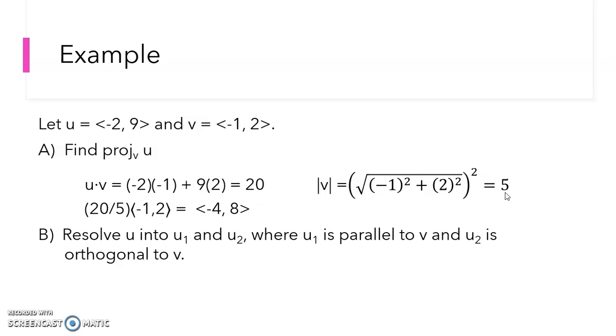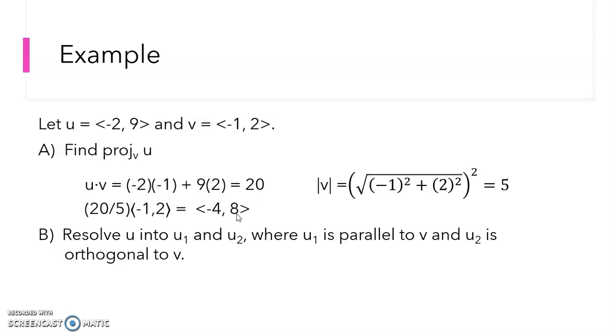So now I need my formula. It's u dot v over the magnitude of v squared times my vector v. So I did 20 over 5, which comes out to 4, and 4 times -1 is -4, and 4 times 2 is 8. So this is the projection of u onto v.